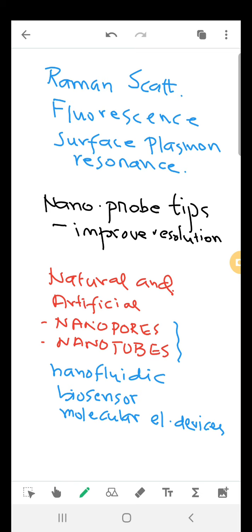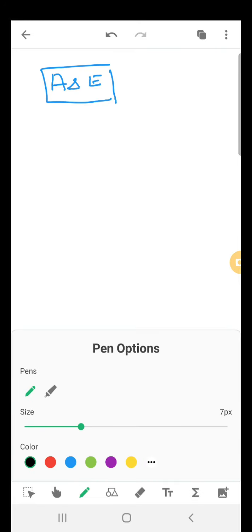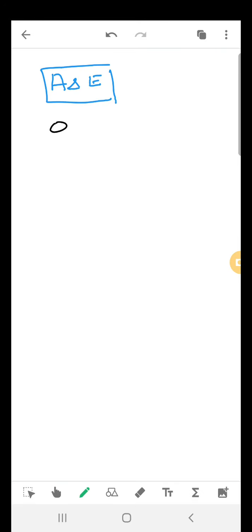Now, coming to the emitters and antennas, let us start with that. Antennas and emitters. Semiconductor quantum dots, we call them QD.